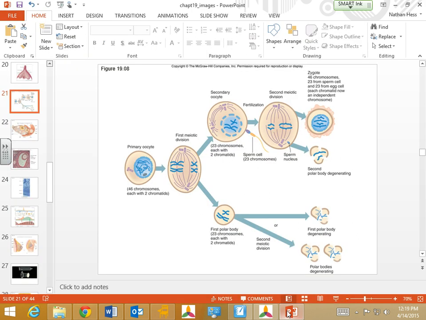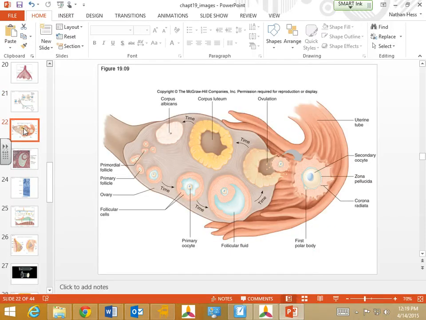The sperm has 23 chromosomes. The egg has 23 chromosomes. And the two of them get together to make your lovely cells, which have 46. And again, you don't have to know the process. You don't have to know all these pieces. What is oogenesis? Producing the eggs. And how many chromosomes does it have?